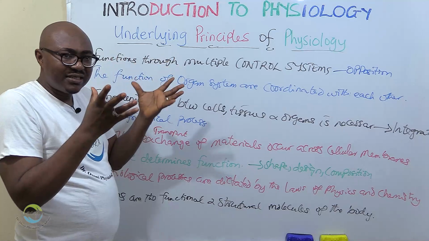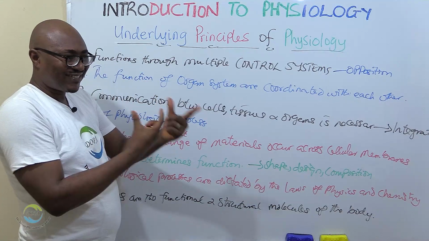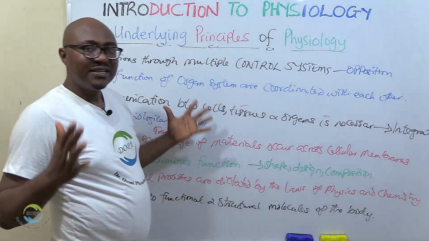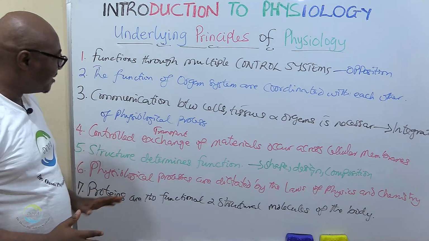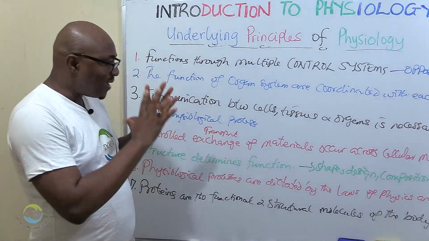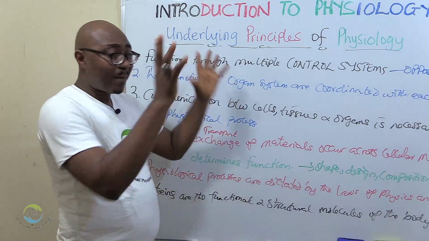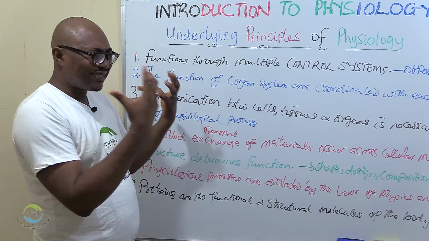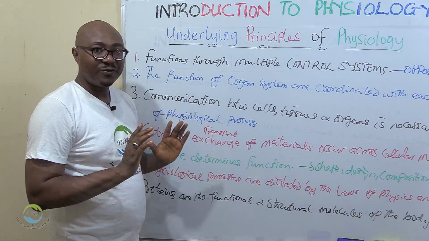All those changes of shape lead to a physiological process that enables the function you see outside. So that's very important. So these are basically 7 underlying principles of physiology. Meditate on them, understand them. And as we go ahead, learning other parts of physiology, we'll keep recalling this so that it will stick. And then you understand. Once you understand this, everything in physiology becomes easy for you.